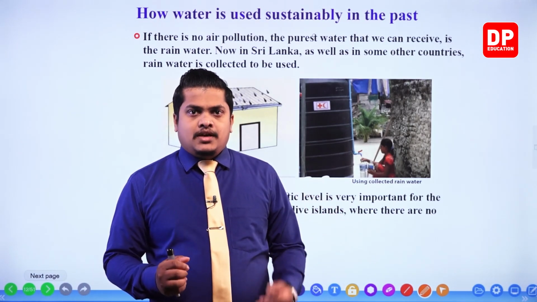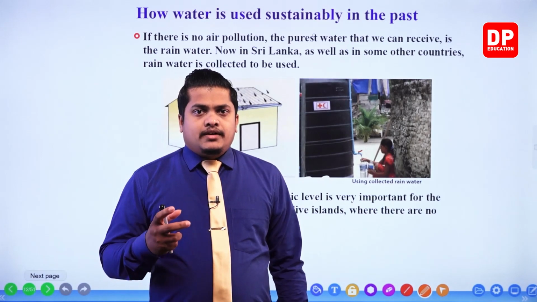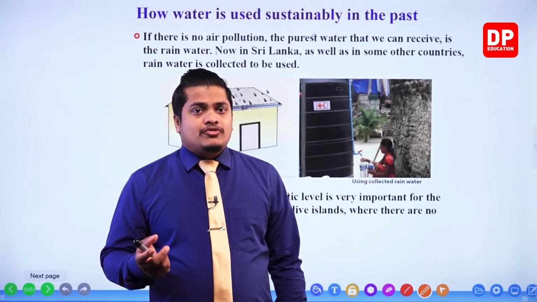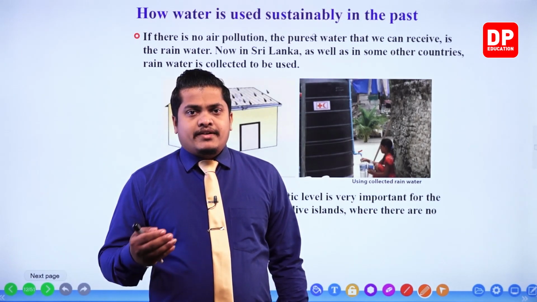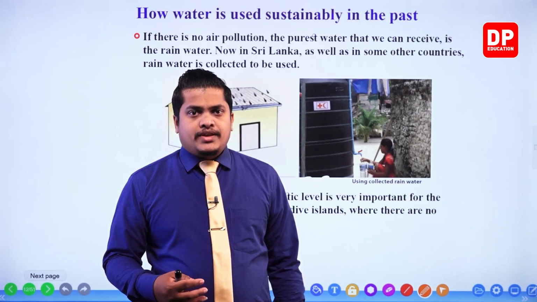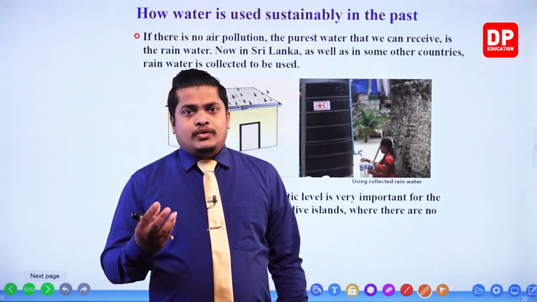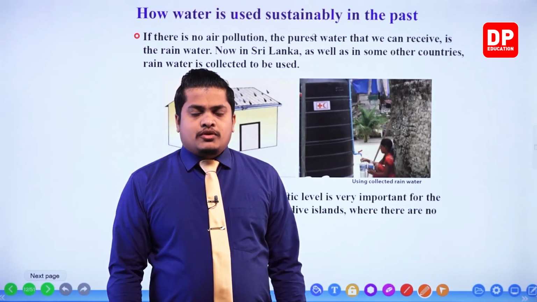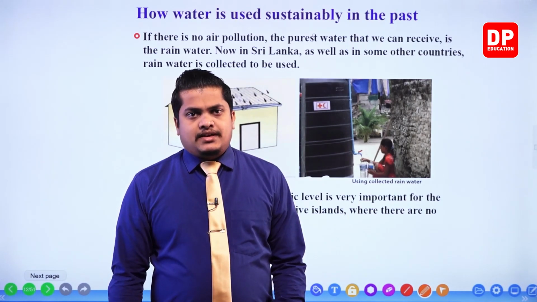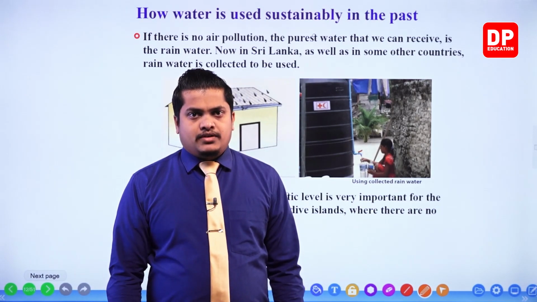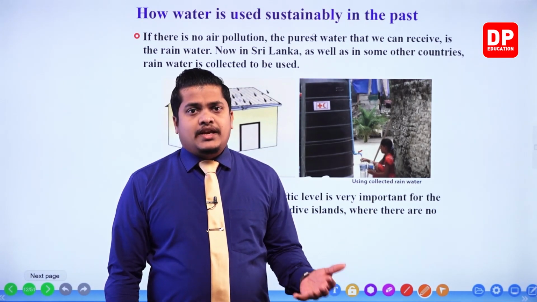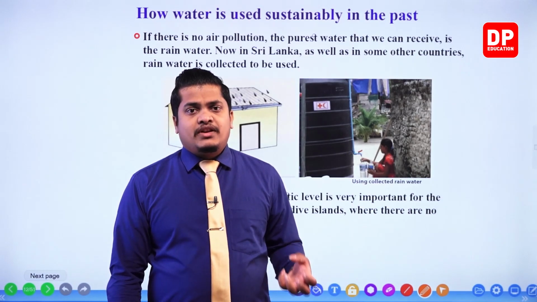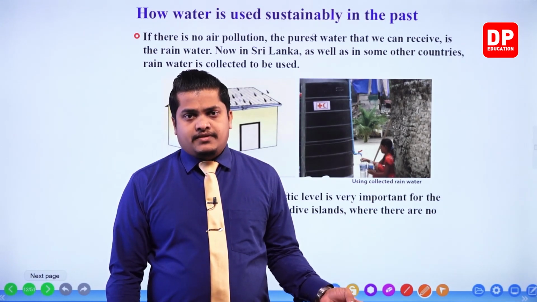Actually, it has. When you take the precipitation, rain, my dear children, when rain is going to come down, you know that rain is water, no? So it has the ability to dissolve certain things in the atmosphere. If there are toxic gases and other substances within the atmosphere, those substances will get dissolved in water and come down to the surface.